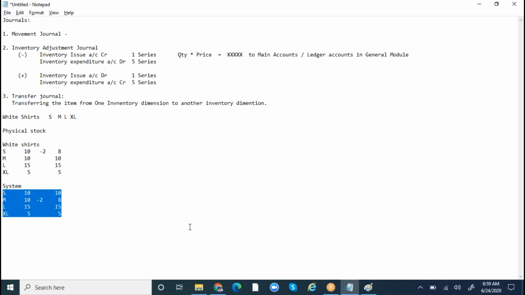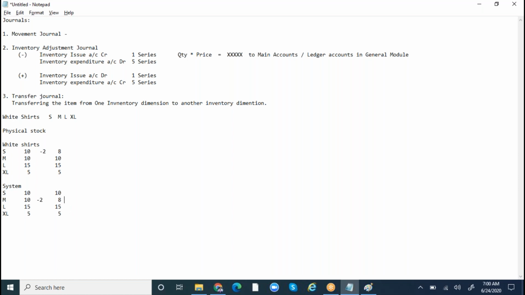Now I'm counting this quantity one by one. I found that medium size is available 10 and small size is 8. Am I right? Are you getting my point? The material sent was actually this one, but billing was done to this one.